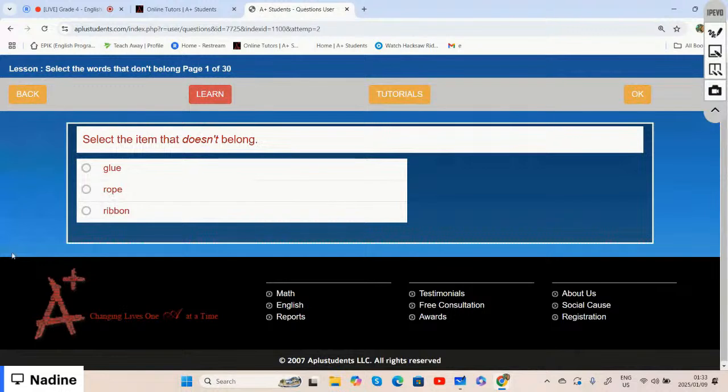If you look at the words that are related to one another, what is the word that doesn't belong? Option one, glue. Option two, rope. Option three, ribbon. We need to identify the word that doesn't belong.